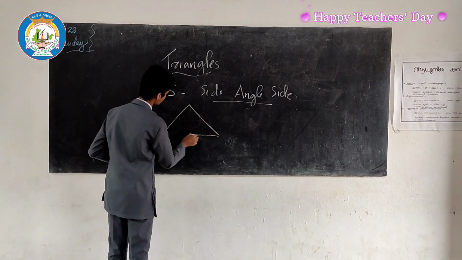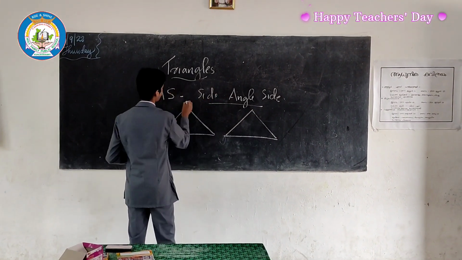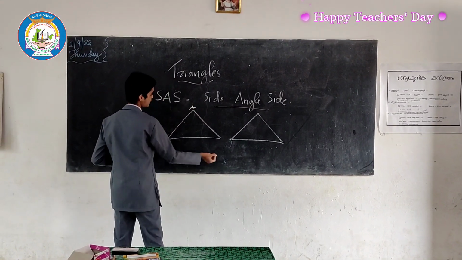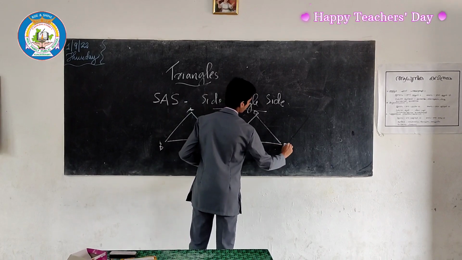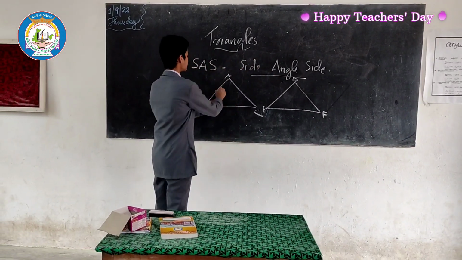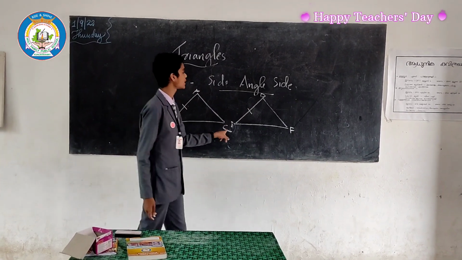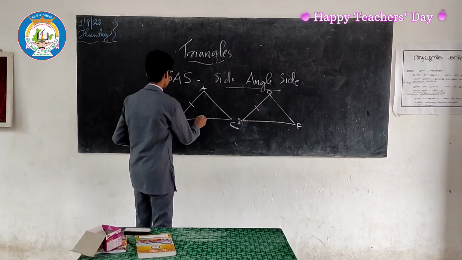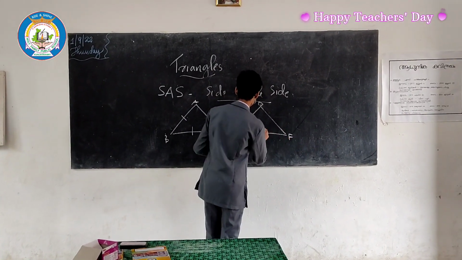Let us take two triangles, ABC and DEF. Let us consider that this side is equal to this side, which means BA is equal to ED, and this side BC is equal to EF.